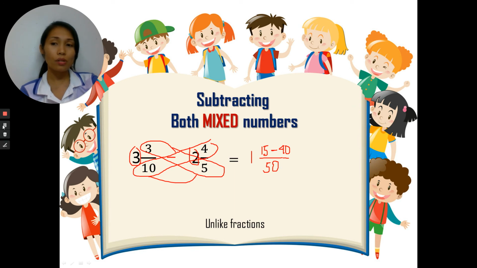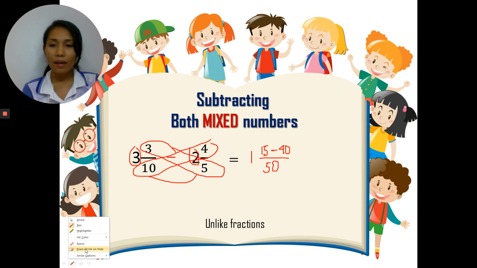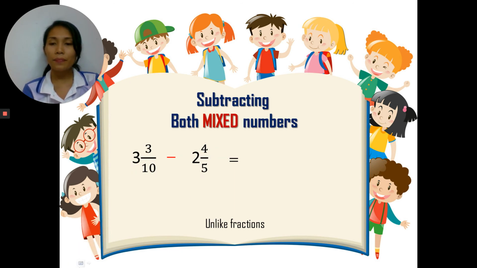So what are we going to do? Then we'll try the other method. Let's erase all of this since we cannot use this as the method. Now let's try converting this to an improper fraction. Okay, 3 times 10 is 30. 30 plus 3 equals 33.